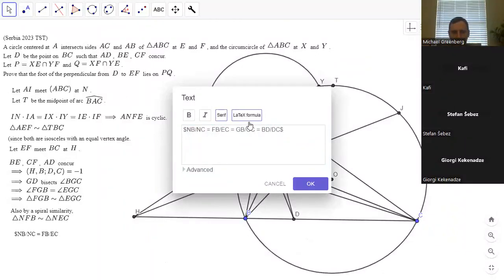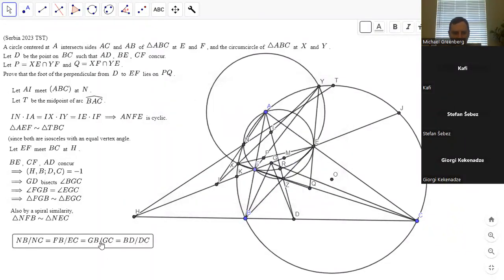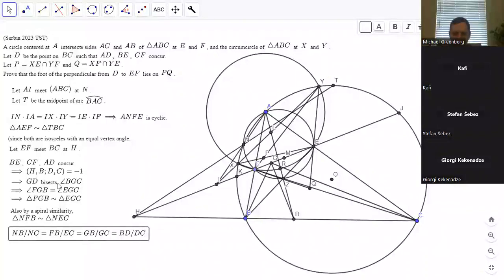So yeah, maybe there's a way I can simplify this, but this is what I'm thinking about for now. So that means that ND bisects angle BNC.